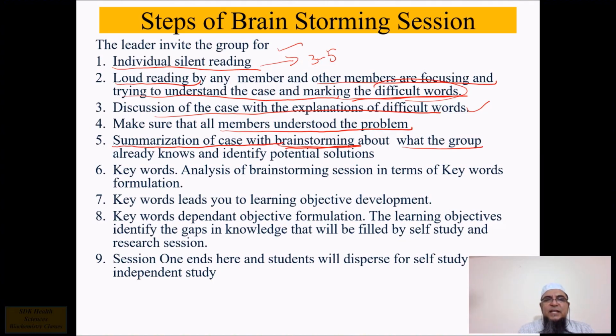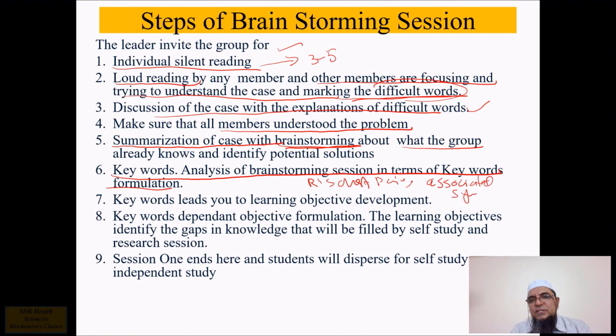Once they have done this, they will move to the keywords. So they will sort out the keyword formulation. For example, in this case that I've just explained to you, retrosternal chest pain, or associated symptoms, like this.